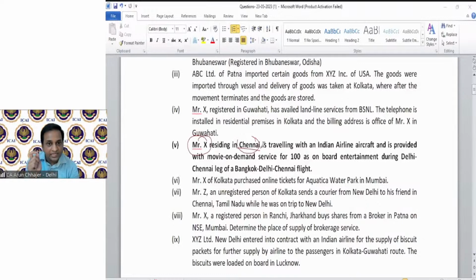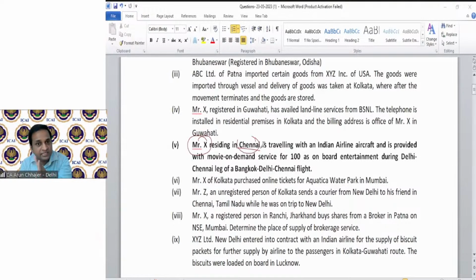If you read the definition of location of recipient, if it is an unregistered person, at last it comes to the usual place of residence.